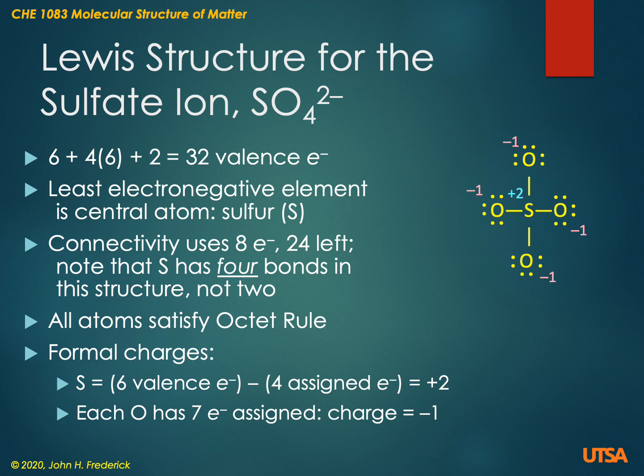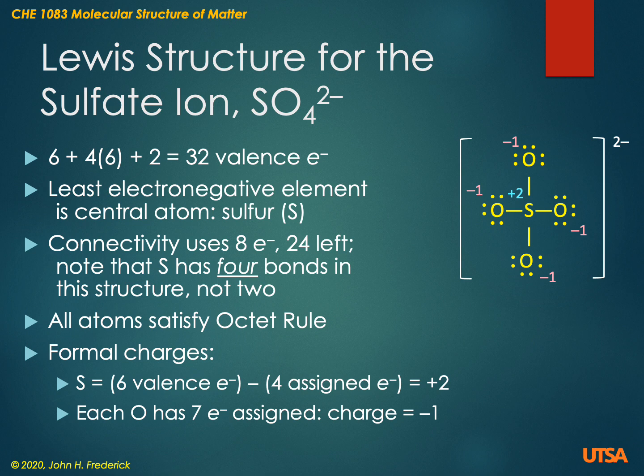Now notice that the total charge is 4 -1s and 1 +2, so the total charge is going to be 2 - 4, or -2. So we might draw the sulfate ion with brackets around it and a 2- to indicate the total charge on it. All right, now this would be a reasonably good, perfectly legitimate Lewis structure with formal charges noted.